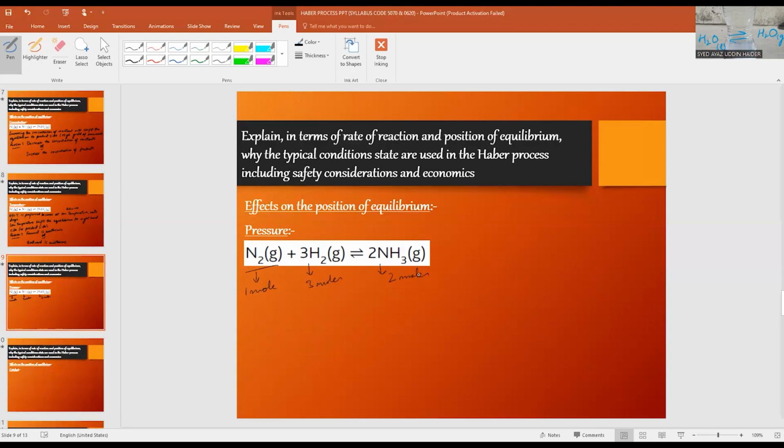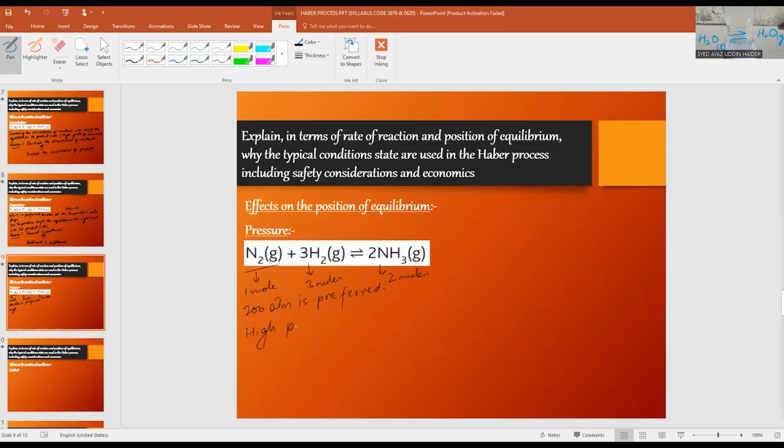Here, according to the reaction conditions, 200 atm pressure is preferred. This is high pressure. If the pressure is increased, the equilibrium will shift to the side with fewer moles of molecules.